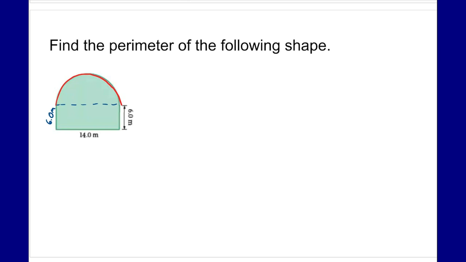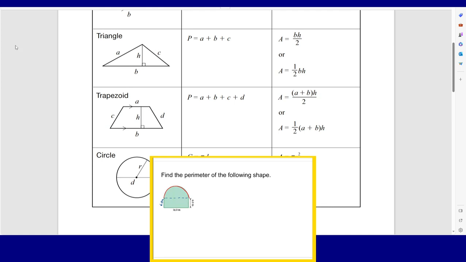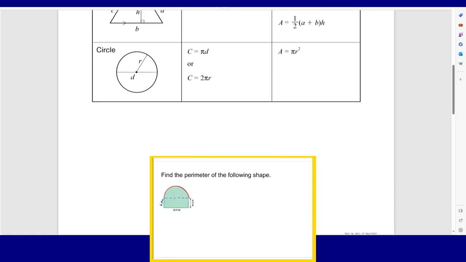Now the nice thing is I do have a formula for the perimeter of a circle. So if I go back, I can see on the bottom here, perimeter of a circle, and we have C equals pi times D. The perimeter of a circle has a unique name, and that is what we call the circumference.